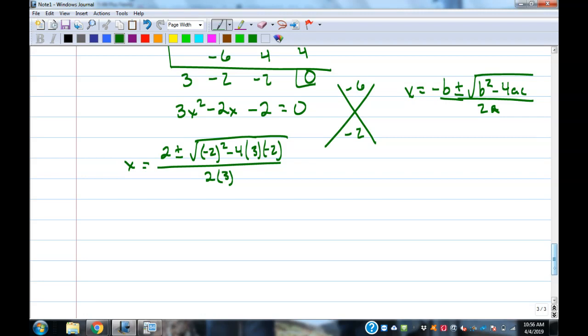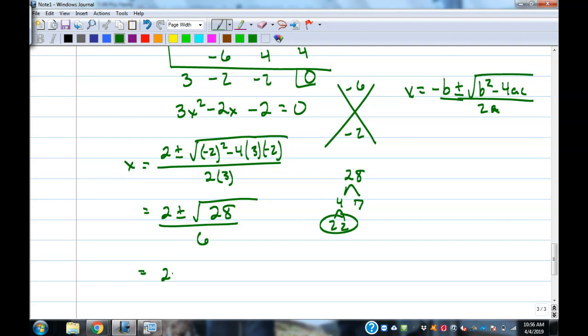Okay, so that'd be 2 plus or minus the square root. 2 squared is 4 plus 24 would be 28, over 6. We're going to break down 28. 4 and 7, 2 and 2, pair of 2s.